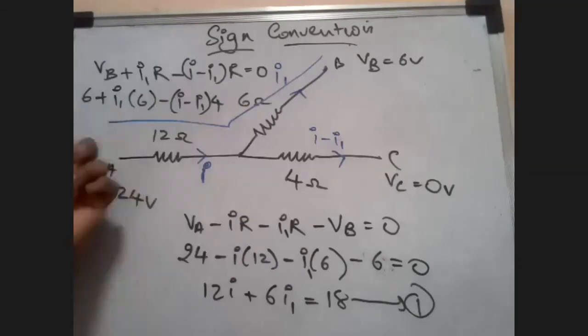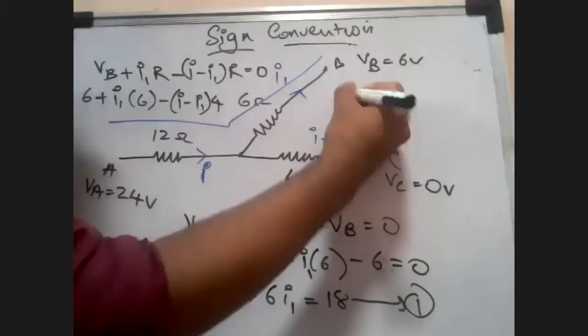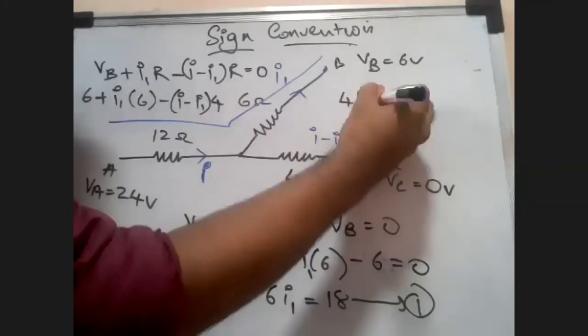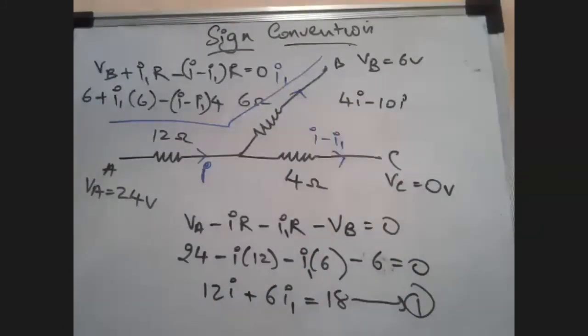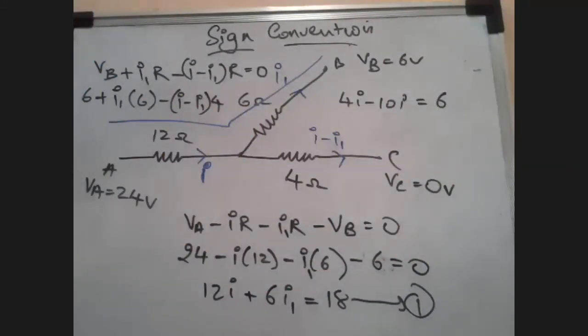So solve this equation. What will you get? 10I1 minus 4I equal to 6. This will be your equation.